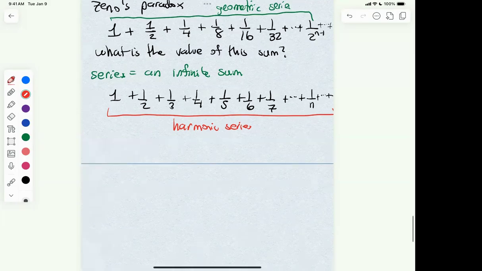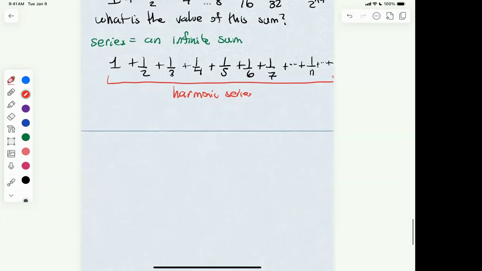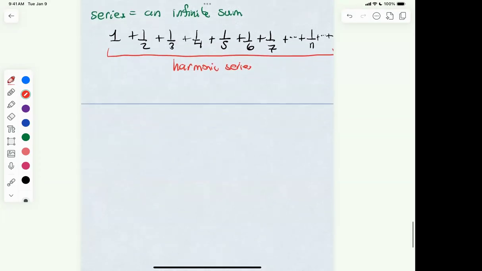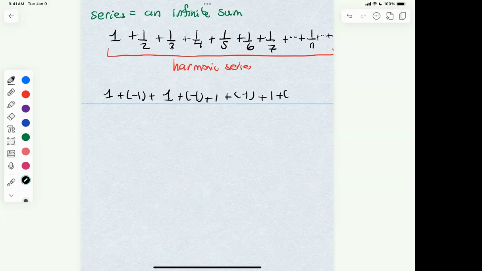So here's one that's kind of fun. I don't think this one has a particular name. So you can do 1 + -1 + 1 + -1 + 1 + -1 + 1 + -1 dot dot dot. So that one is kind of fun. I don't think that this one has a name.